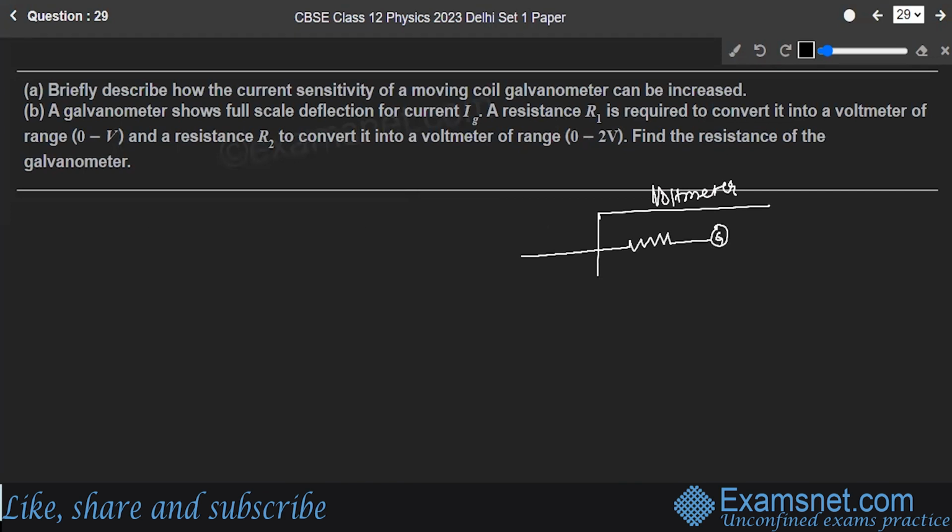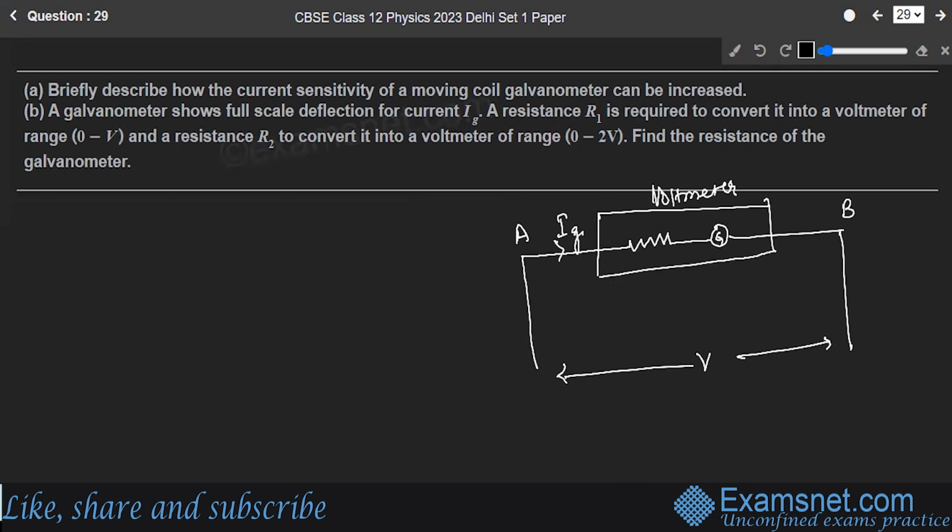This is your galvanometer, this is the point A, this is the point B, here is your V. This is IG flowing, and this is your voltmeter.